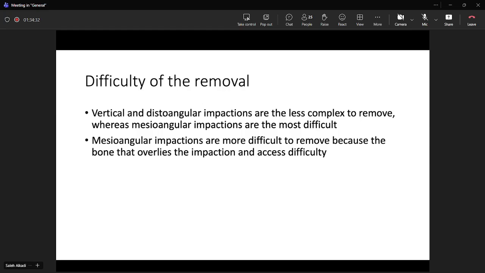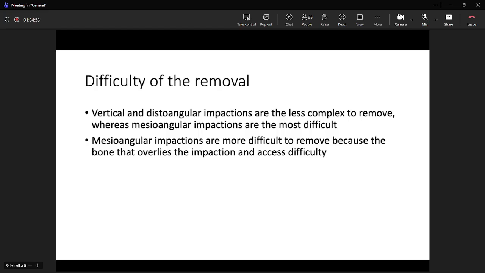The difficulty of removal here differs from the one for the impacted lower third molars. As you see here, the vertical and distoangular are the less complex to remove, whereas the mesioangular are the most difficult to remove. The reason for this difficulty with mesioangular impaction is that you need to remove more overlying bone to access the tooth.